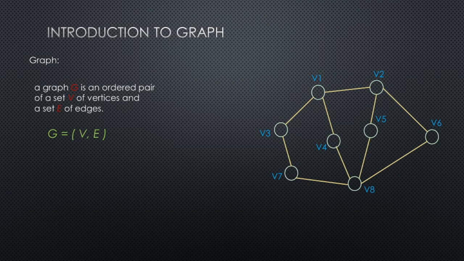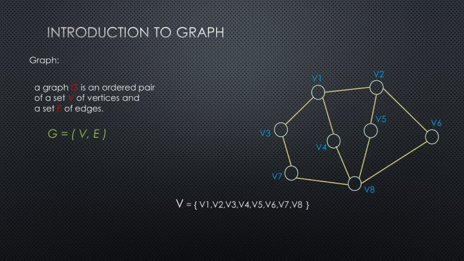There is no first, second, or third node. So this is my set of vertices here. We have 8 elements in the set, V1, V2, V3, V4, V5, V6, V7, and V8. So this is my set of vertices for this graph.